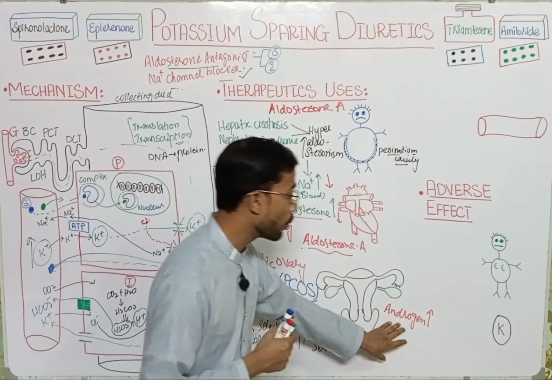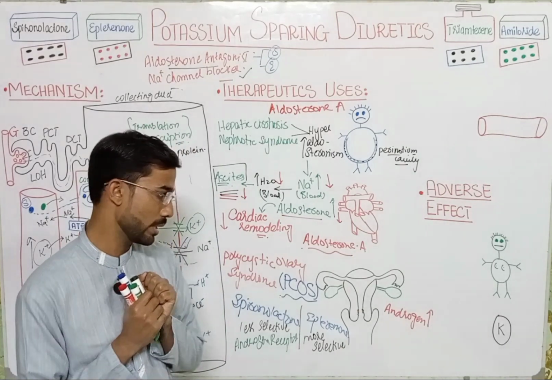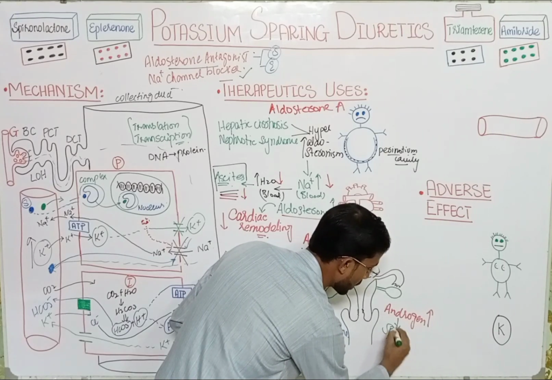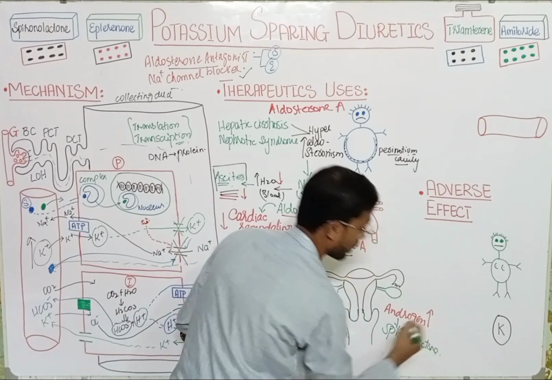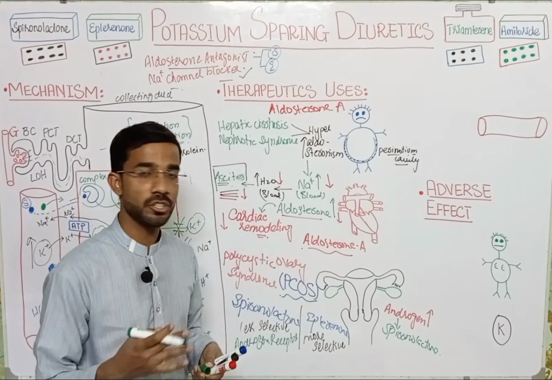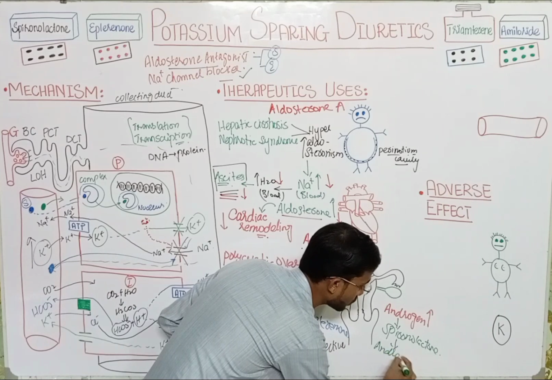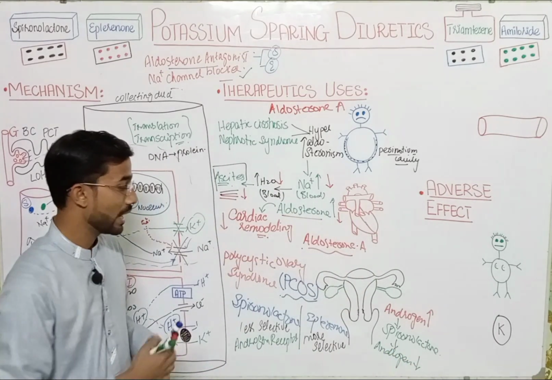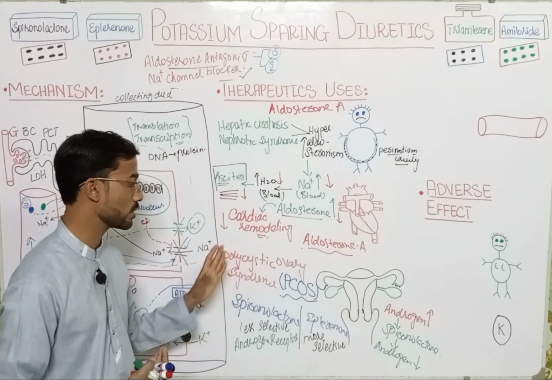In that situation, we have to reduce the concentration of the androgen hormone. If we use spironolactone, it actually helps in the reduction of the androgen hormone level. So spironolactone is used in the treatment of polycystic ovary syndrome.